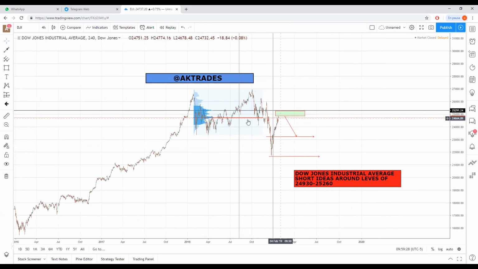So we can see that after this accumulation, there was this down move, and currently it is doing a pullback around this area again.